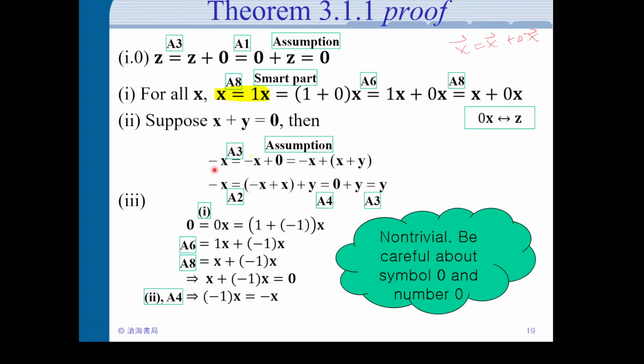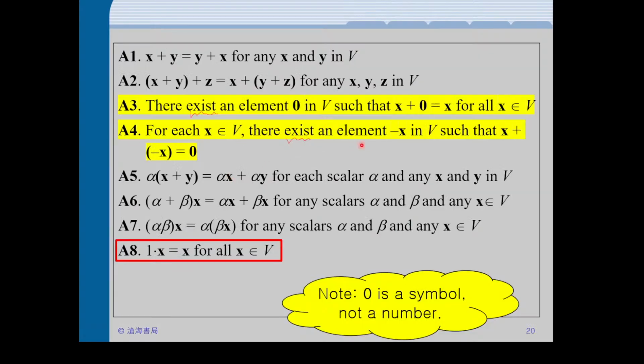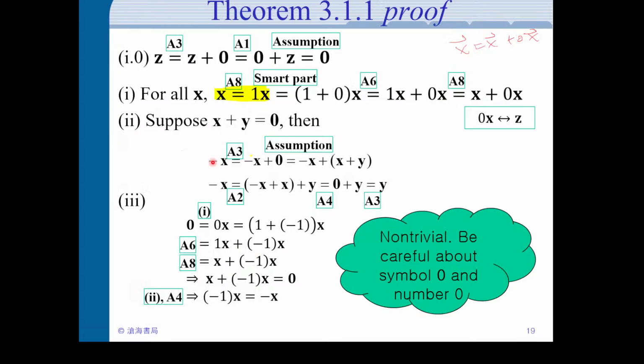We start with minus x, the inverse given in Axiom A4. Then we can use A3 to add a 0 to it. By the property of 0, minus x plus 0 should still be minus x. Then we use our assumption that 0 is also equal to x plus y. So minus x equals minus x plus (x plus y).